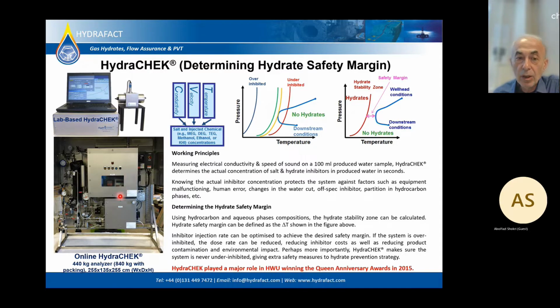Then dump the sample into the pipeline or a storage tank, and clean the cell with distilled water and take another sample.